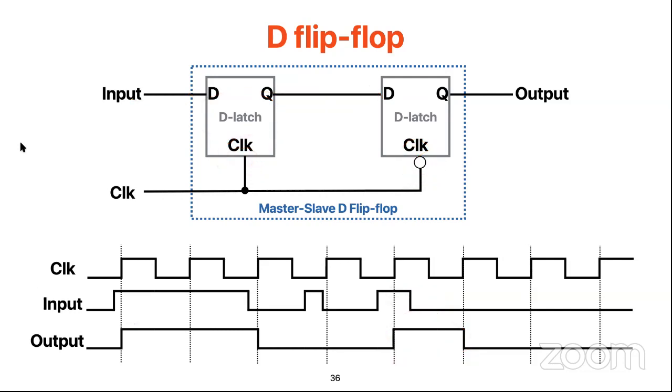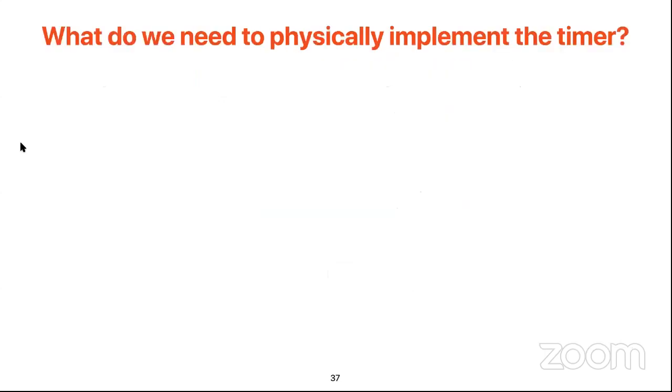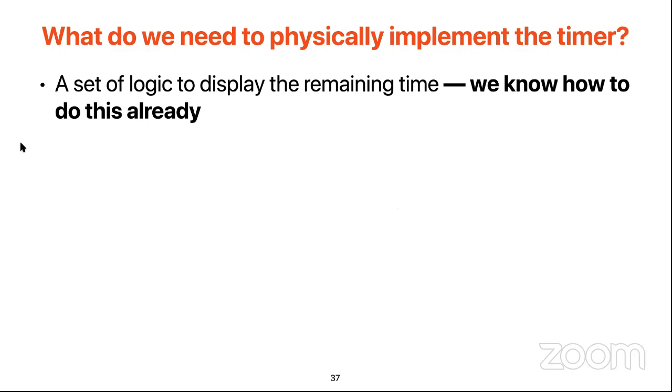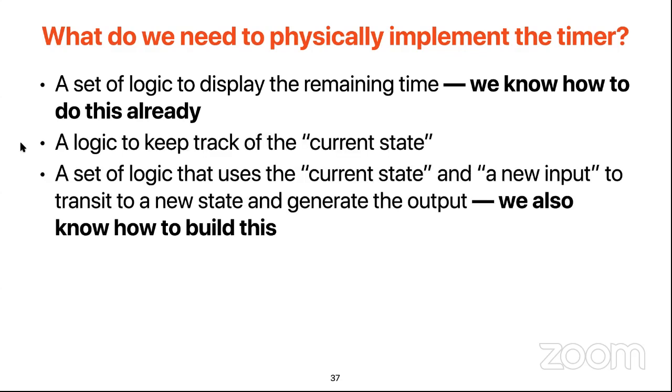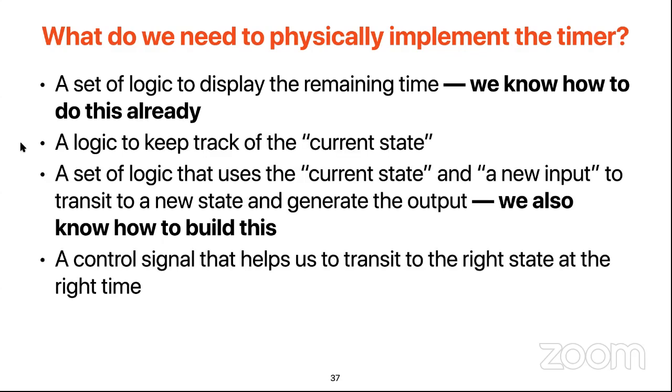All right. So right now, you know there is a D flip-flop that can help us to keep the whole content of the circuit. What do we need to physically implement a timer? The logic to keep track of that. However, we also learned that for the logic to keep track of the current state, you also need a control signal that helps us to transit to the right state at the right time.